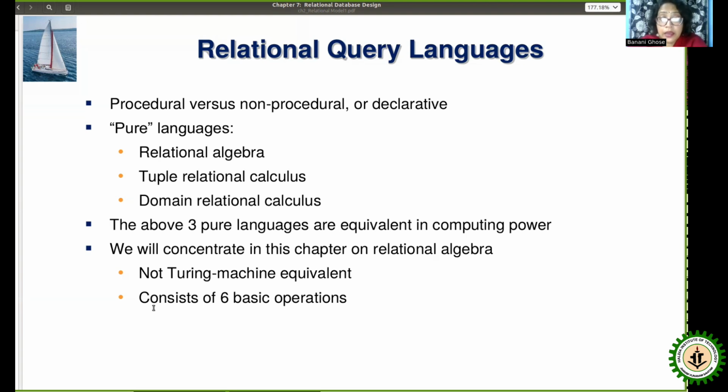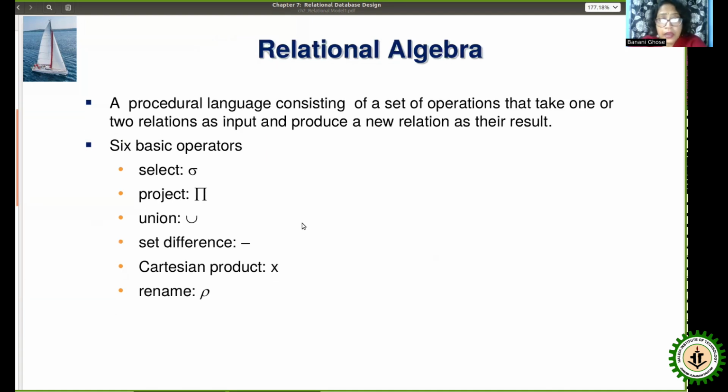But in case of relational calculus, in the expression, the data which are to be fetched is clearly mentioned, but how to get that data is not mentioned. So it is non-procedural query language. Clear?